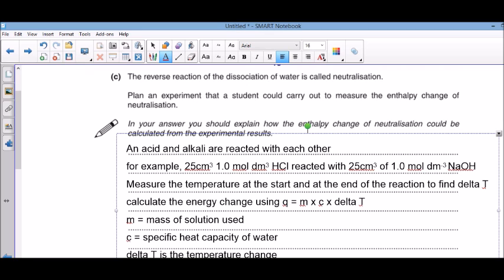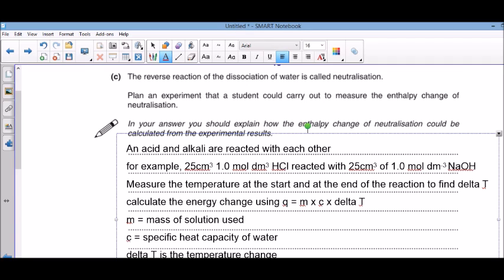And then I'm going to say to find the enthalpy of neutralization, which is per mole of water, use delta H equals Q divided by n.